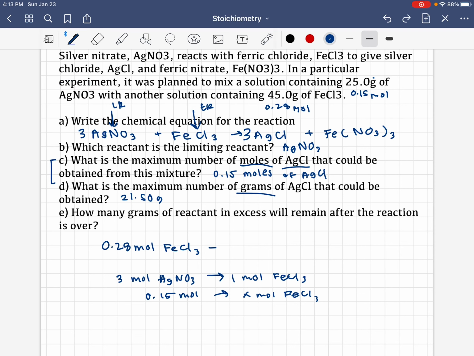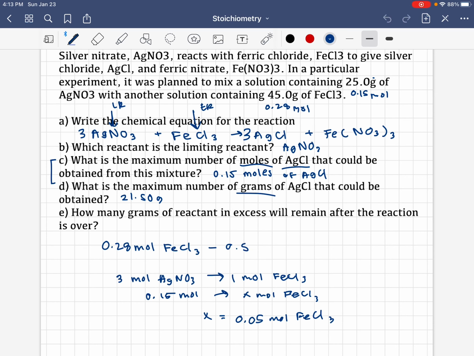When you solve this, you get x equals 0.05 moles of FeCl3. So what this means is 0.15 moles of AgNO3 requires 0.05 moles of that to satisfy the reaction.